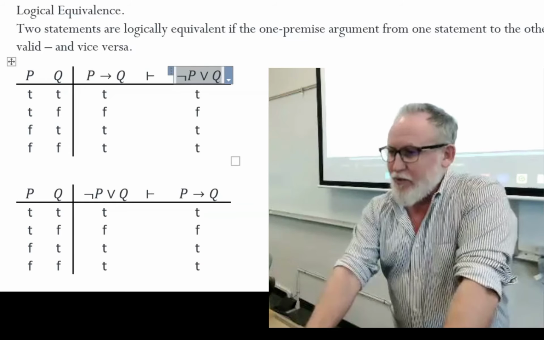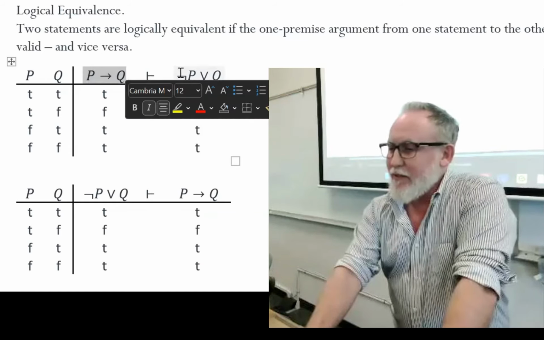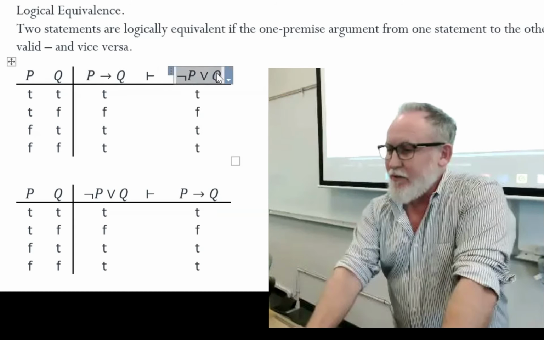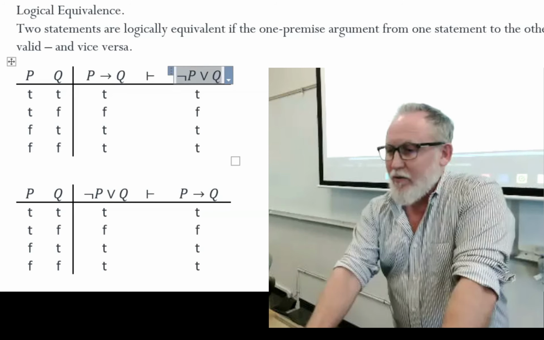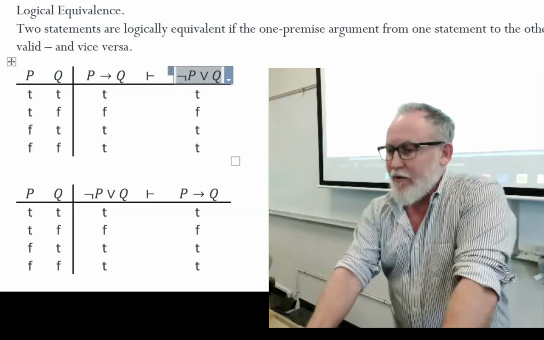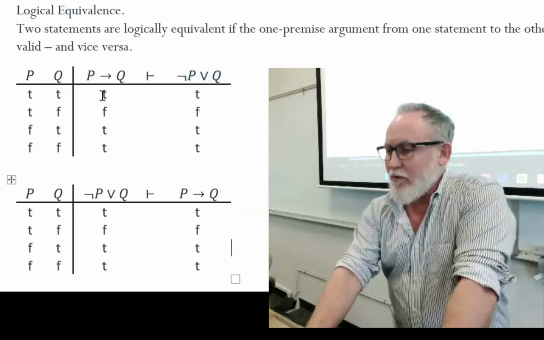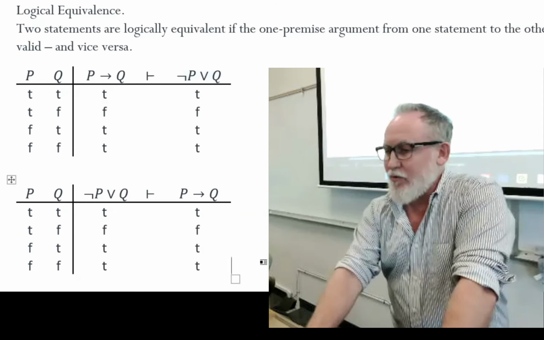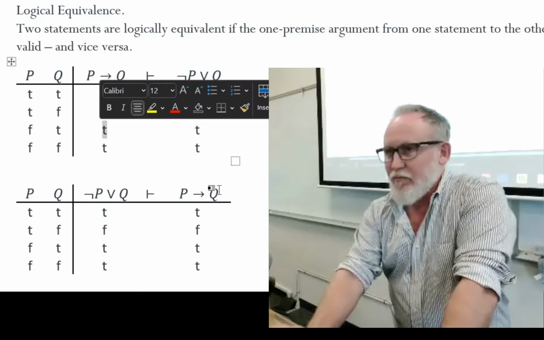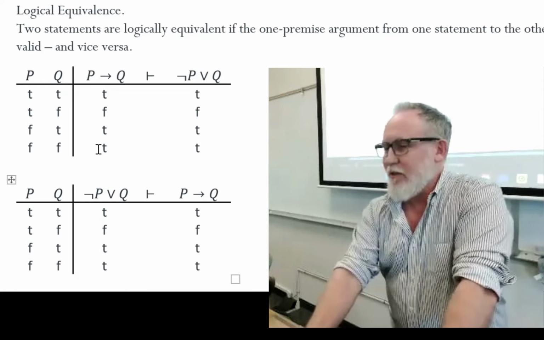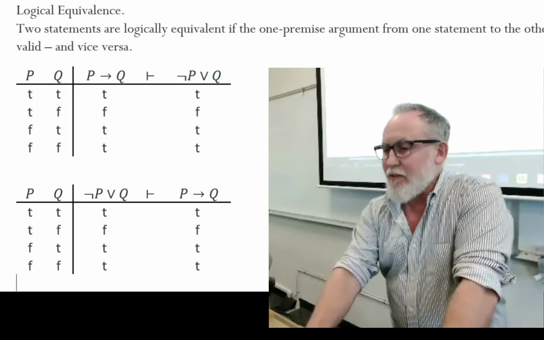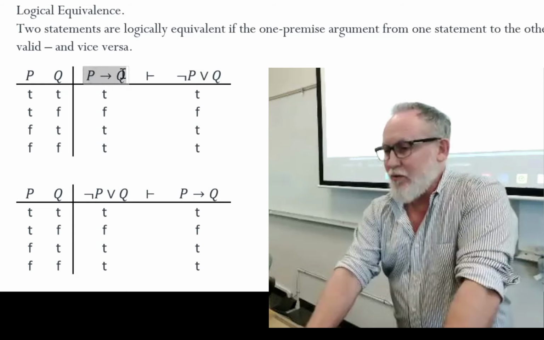We're going to treat this as the premise, and this is the conclusion. And in cases 1, 3, and 4, where the premise is true, the conclusion is also true. So that's a valid inference going from this premise to this conclusion.